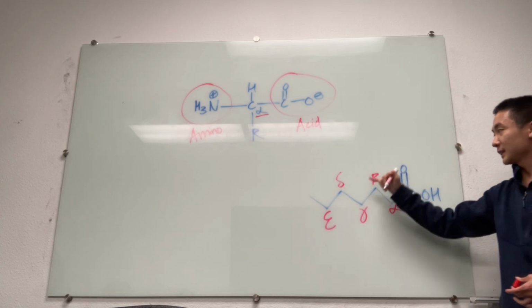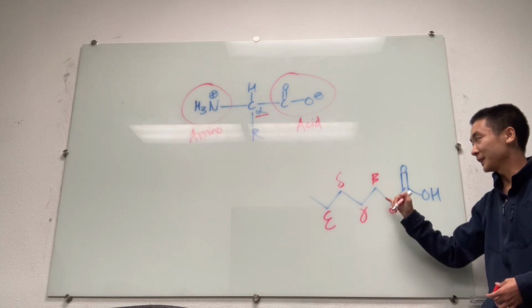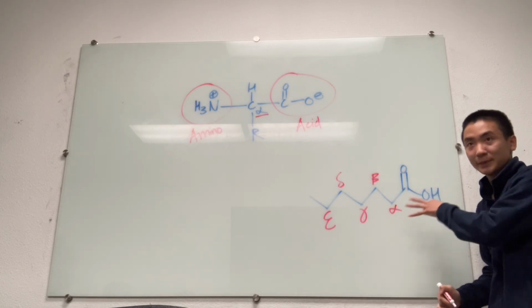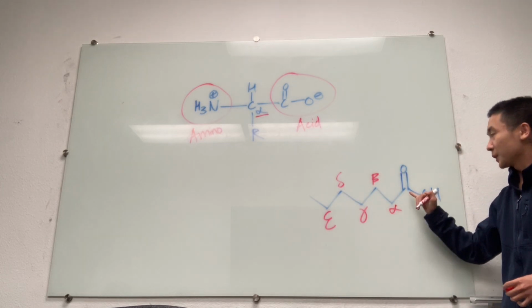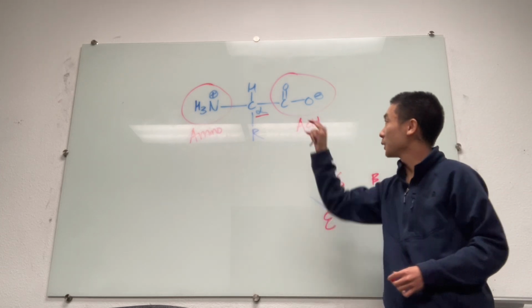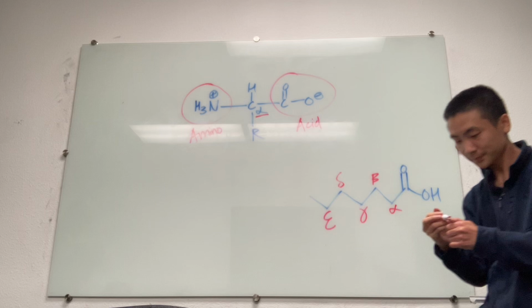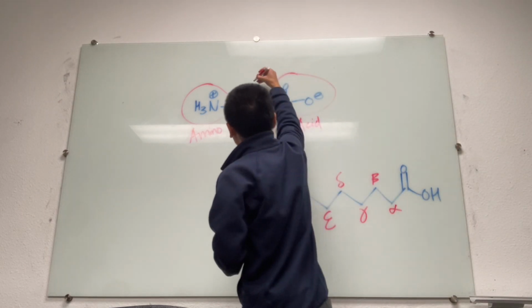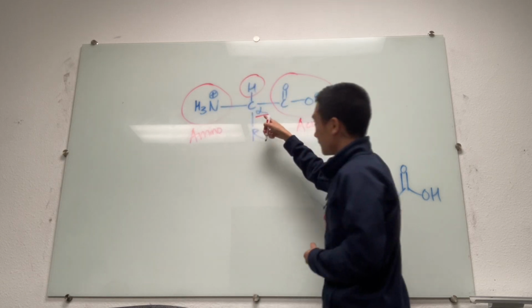So we're going to see these Greek letters when he mentions beta carbon, gamma carbon, delta carbon, epsilon carbon. This is what he means by that: the distance from the carbonyl carbon. When he says alpha carbon, it's the first carbon away from the carbonyl carbon. This hydrogen here is always going to be there on the alpha carbon.